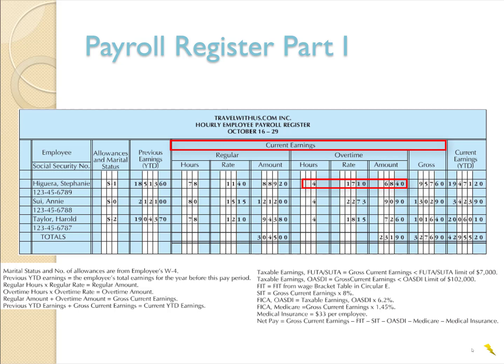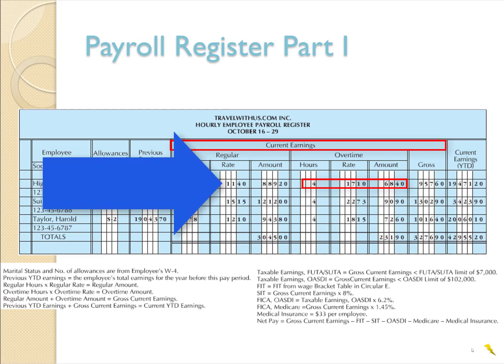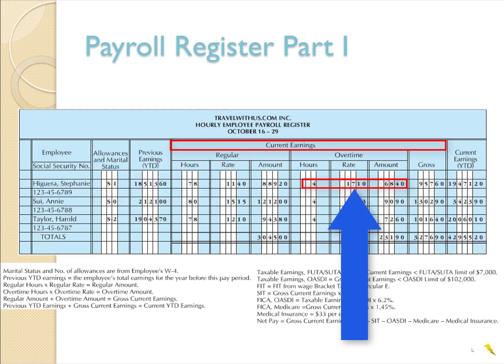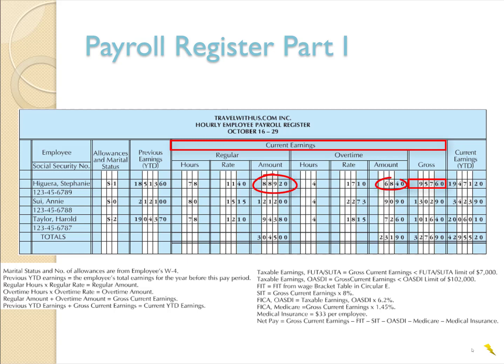Well, we take her regular rate, $11.40 an hour, multiply that times 1.5, and that gives us 17.1. So to get her overtime pay, we take the 4 hours times 17.10, which gives us 68.4. And then the gross wages of $957.6, that's calculated by taking her regular amount and adding her overtime amount. And the current earnings year to date takes the gross pay and adds it to the previous earnings year to date column.